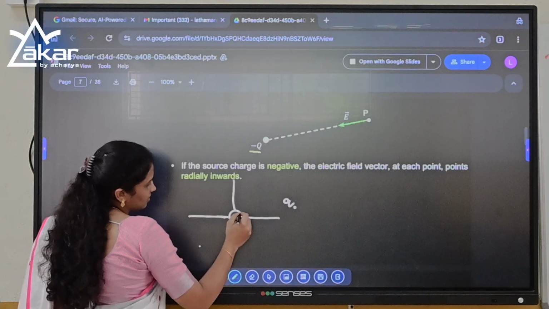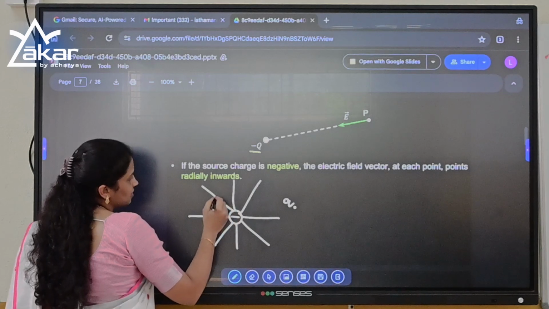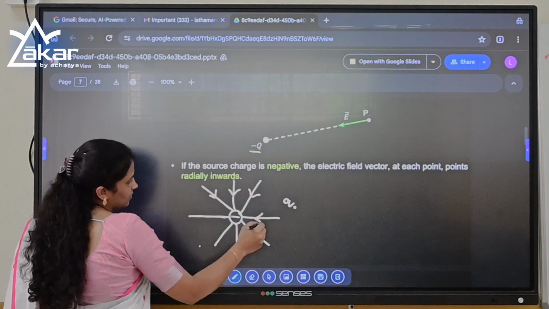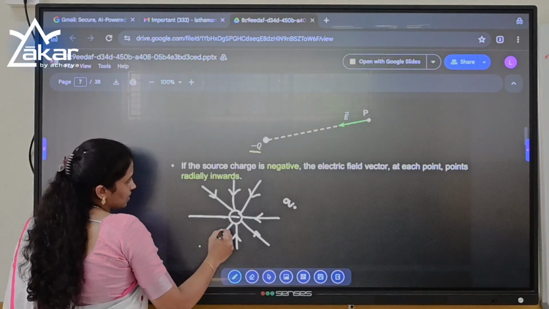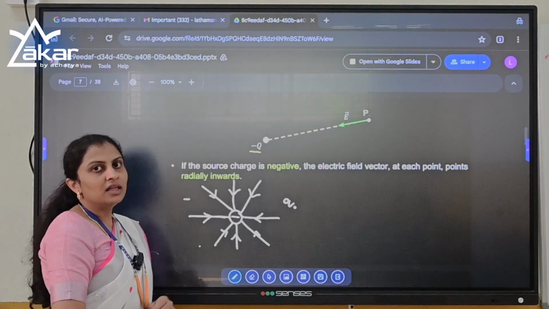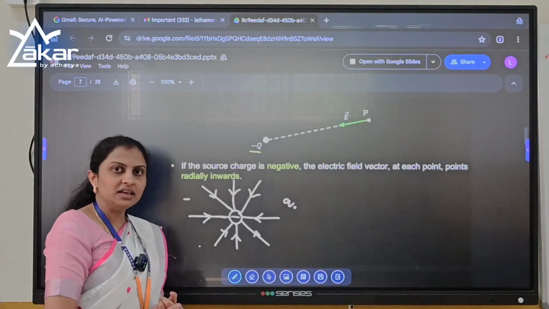Positive and negative will attract, so the direction shows inwards. So if the source charge is negative, then the electric field vector shows the direction radially inward.